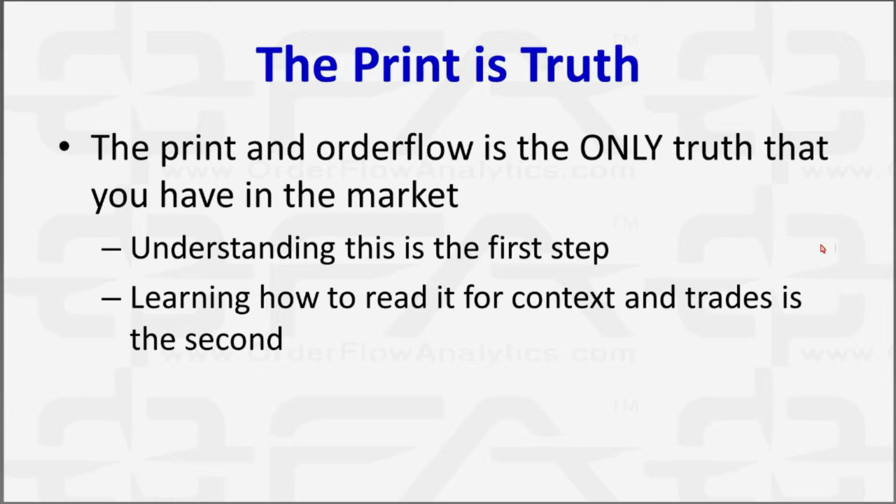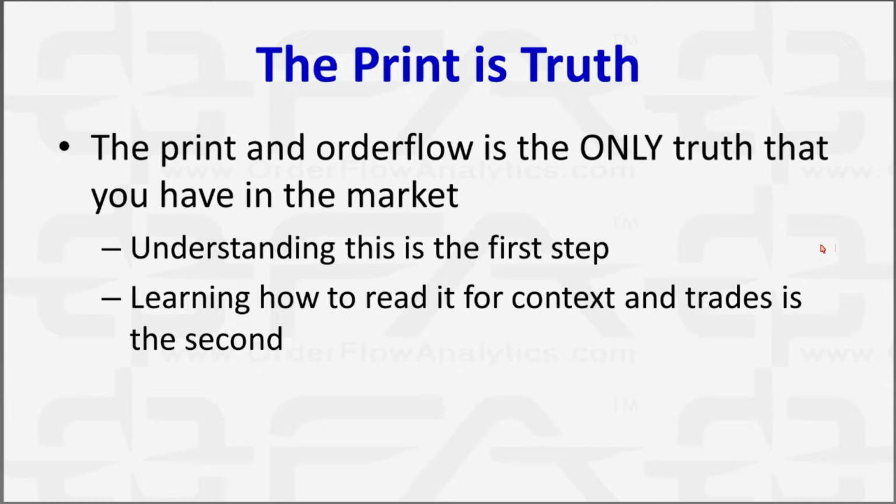And again, it's one of the crazy things about trading, and it's one of the great things about trading, depending upon your personality. But understanding this really is the first step in achieving greater consistency in your trading and managing your risk. Learning how to read it for context and trades is the second step.